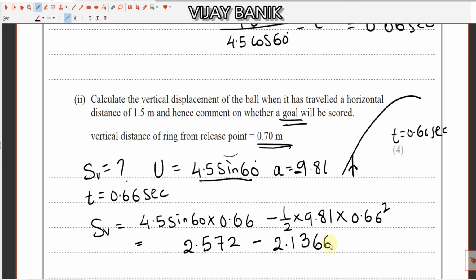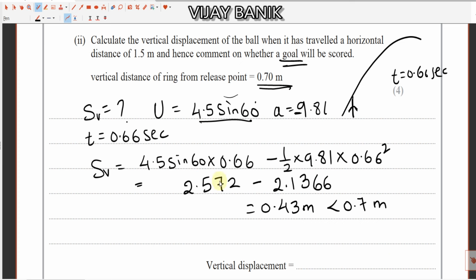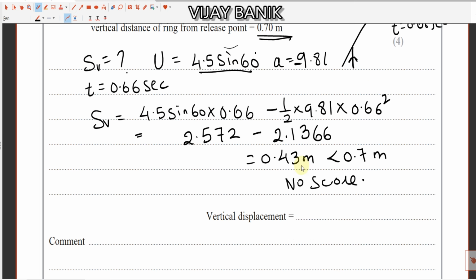So 2.572 minus 2.1366, I'm getting around 0.43 meter. You see 0.43 meter is very much less than 0.7 meter, so no score. No score, vertical displacement, and we have to write whether it scored.